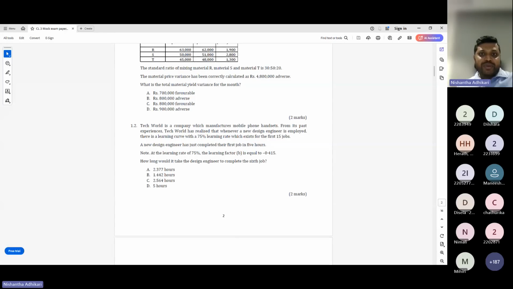TechWorld is a company which manufactures mobile handsets. From its past experiences, TechWorld has realized that whenever a new design engineer is employed, there's a learning curve with 75% learning rate that exists for the first 15 jobs.